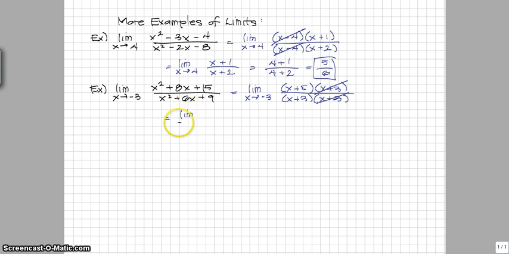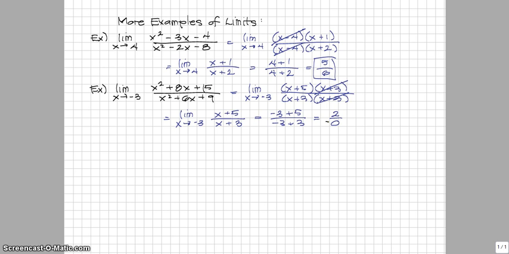I have now the limit as x approaches negative 3 of x plus 5 over x plus 3, which is equal to negative 3 plus 5 over negative 3 plus 3, which is equal to 2 over 0. Now I no longer have an indeterminate form.